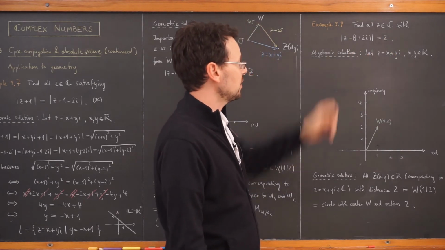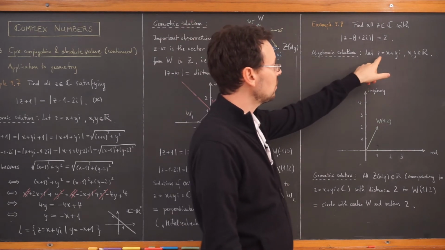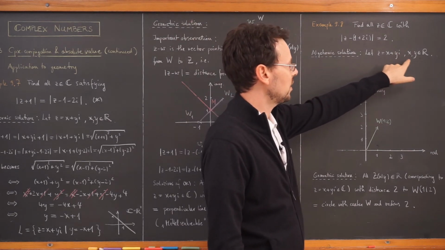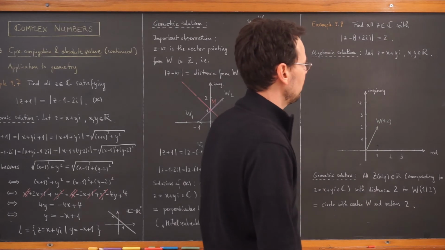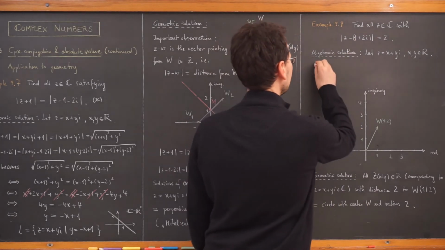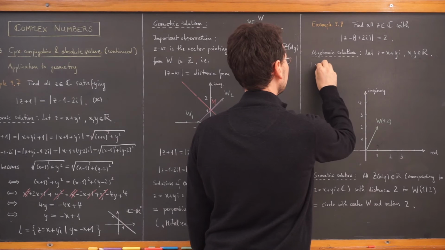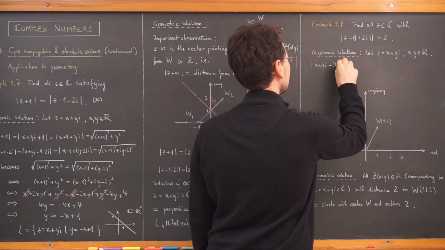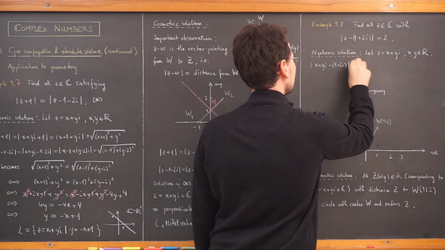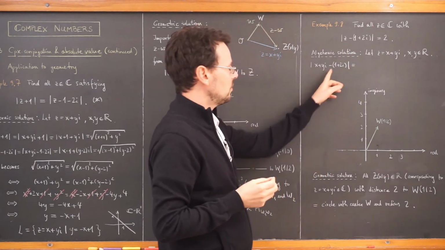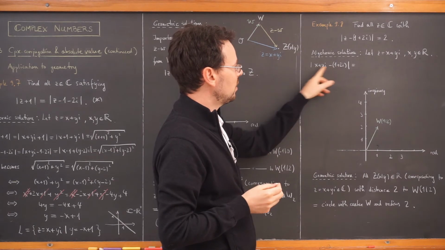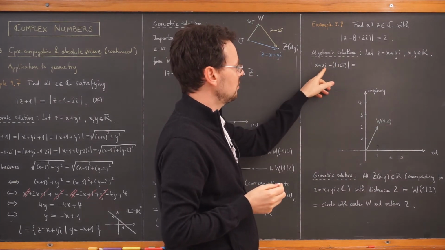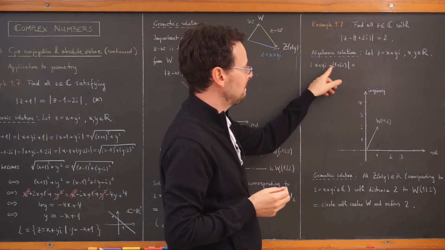First, again, the algebraic solution. As before, we write z as x plus yi with real and imaginary part x and y, and we plug that in here. As before, we're pairing up real parts, x minus 1, imaginary parts, y minus 2.